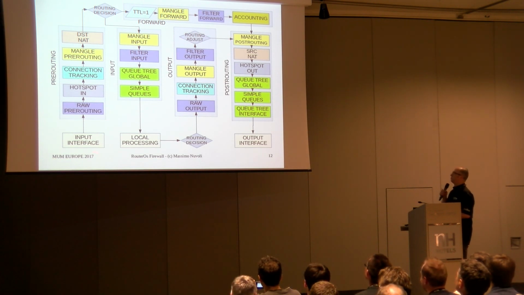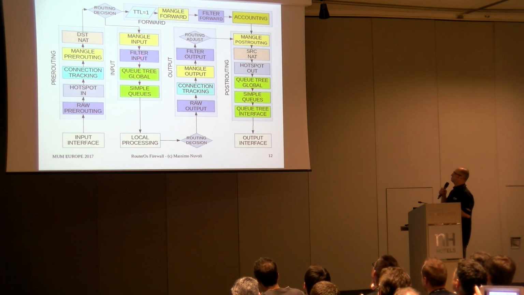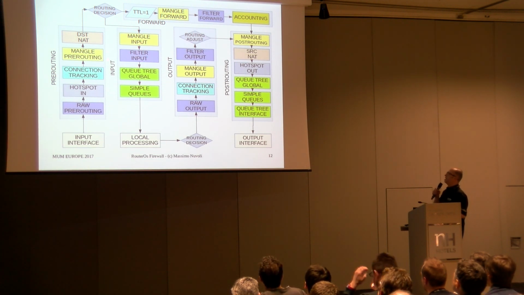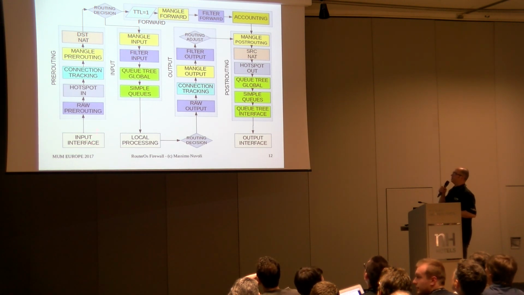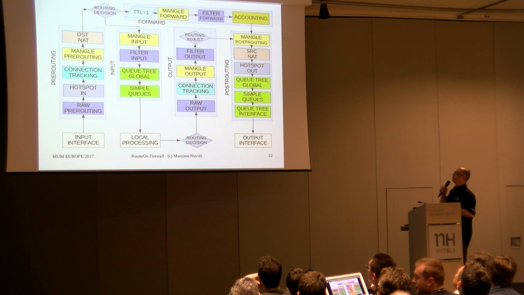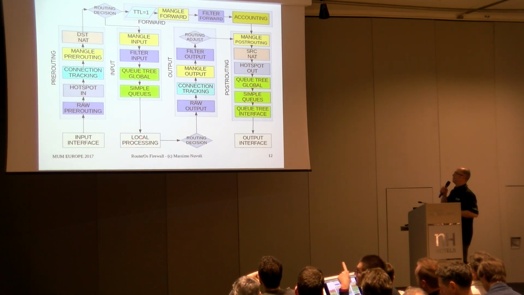There you have the input interface. You have all the items that act on the packet: filter, mangle, connection tracking. There is all. When a packet goes to the RouterOS device, it does this kind of path.